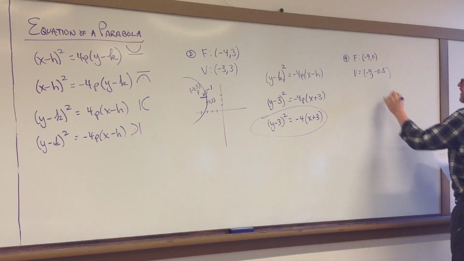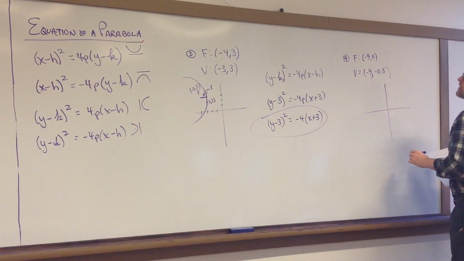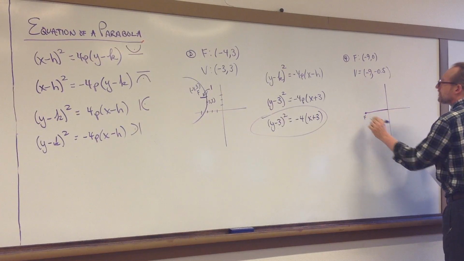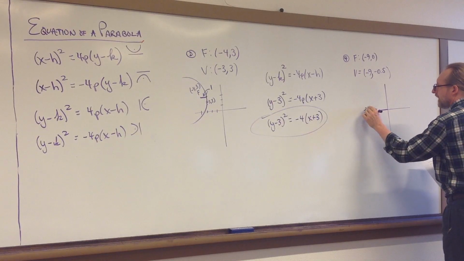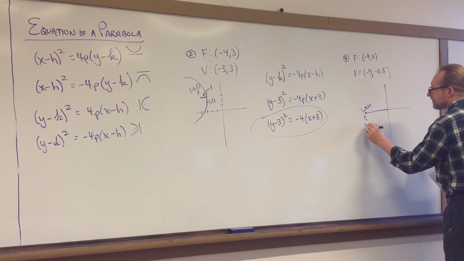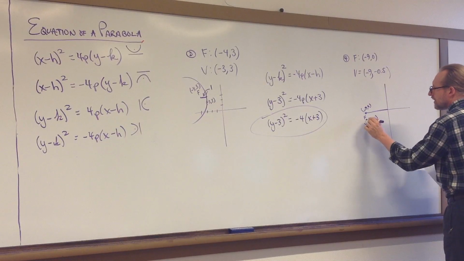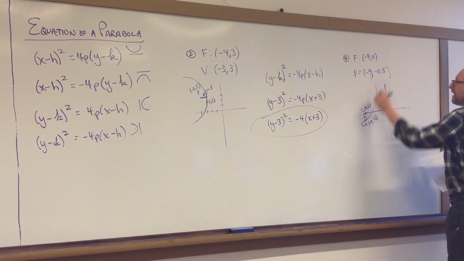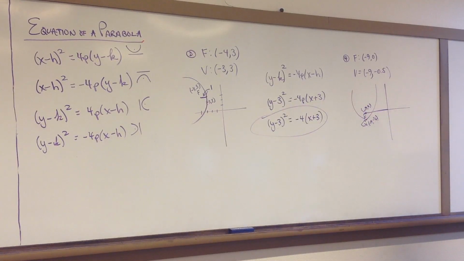On a graph, (-9, 0) is the focus, (-9, -1/2) is the vertex. So, if this one is the focus, that one is the vertex, that means the parabola is opening up like that.